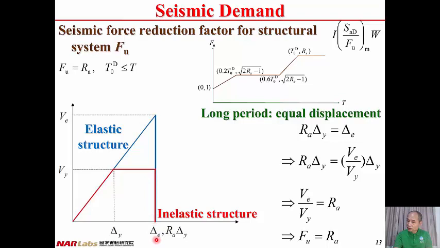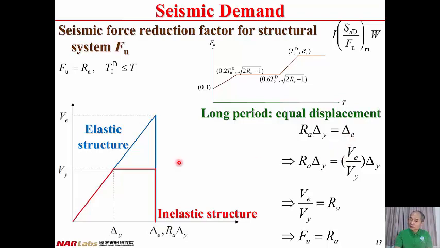Delta E is the maximum displacement of the elastic structure, and RA delta Y is the maximum displacement of the inelastic structure, and these two are equal. Therefore, RA delta Y, the maximum displacement of the inelastic structure, equals delta E, the maximum displacement of the elastic structure.